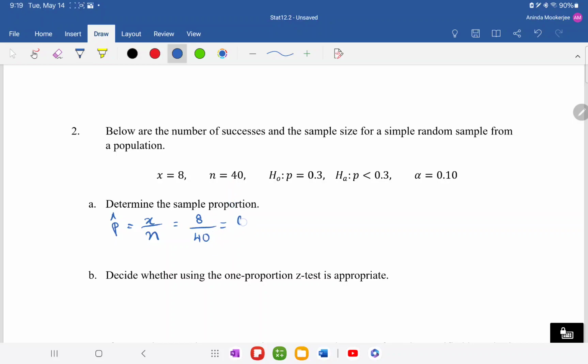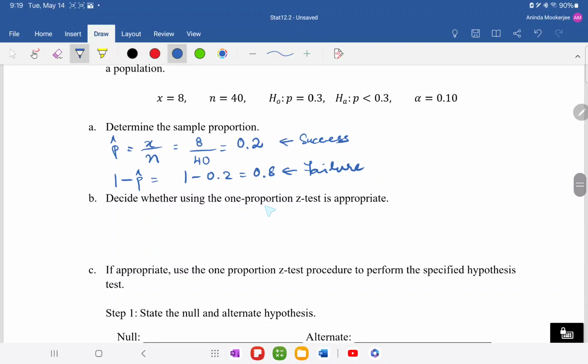So 8 divided by 40 is 0.2, and that's our sample proportion. And then we can at the same time find what 1 minus p hat is. This was the success. We are trying to find the failure, which is 1 minus p hat. That would be 1 minus 0.2, which is 0.8, and that would represent the failure proportion.